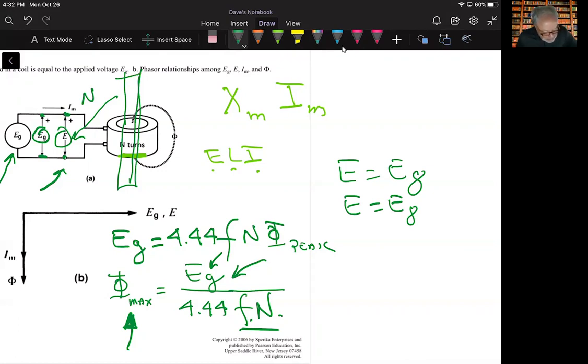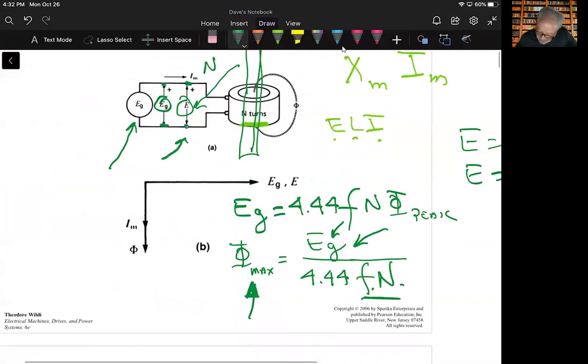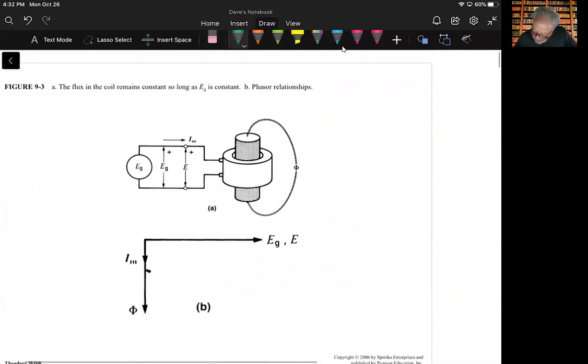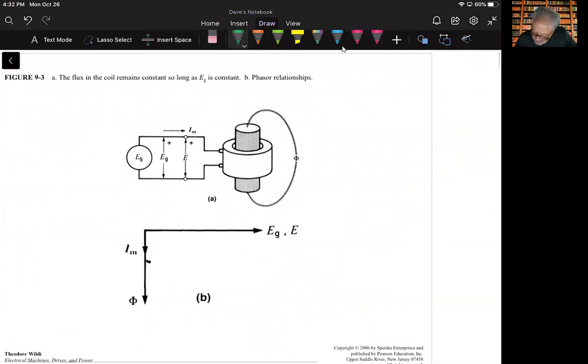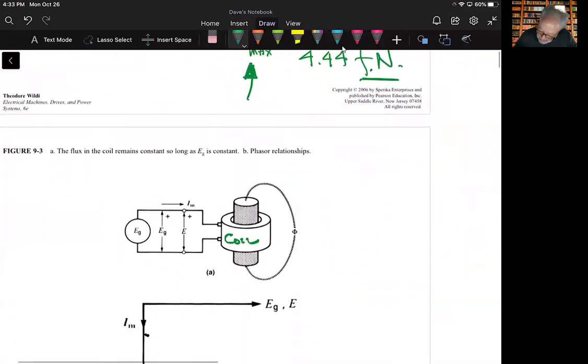He says, for a given supply voltage E sub G, the AC flux in figures 9.2 and, now let's look at 9.3, okay? Here is this same problem. Here's our coil. And now we've placed this ferromagnetic core into this problem. He says the flux is the same here as it is here.